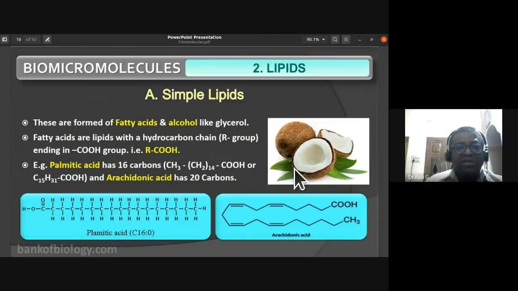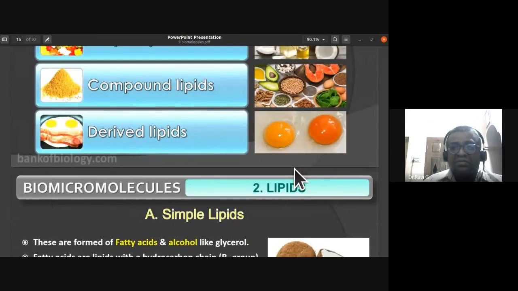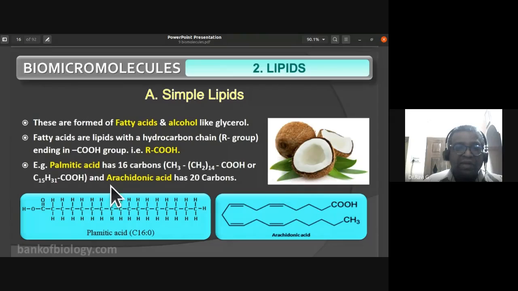Coconut oil is an example. Palmitic acid, arachidonic acid are all examples of simple lipids. Simple lipids are formed of fatty acids and alcohol like glycerol.